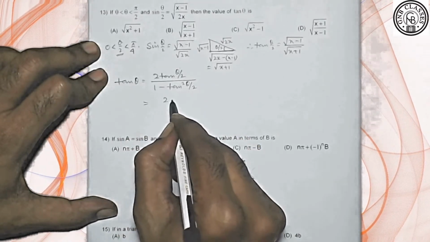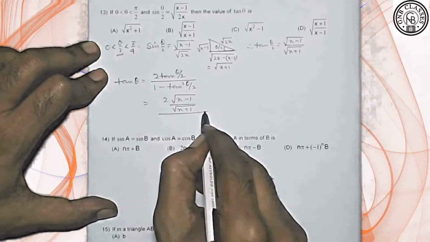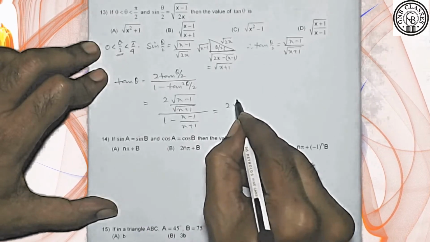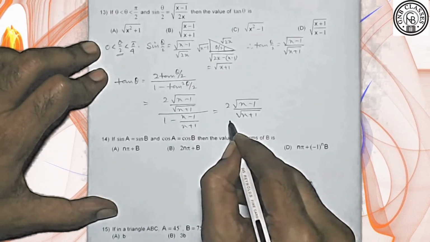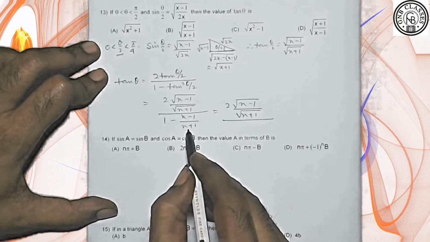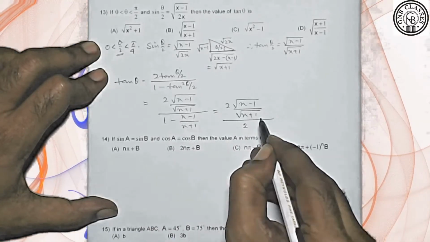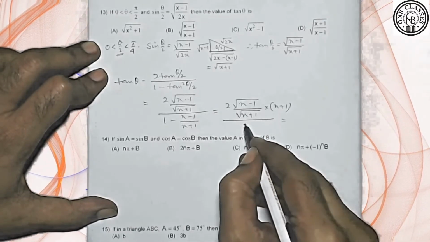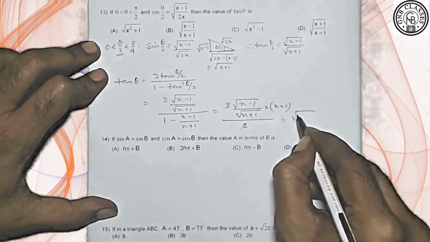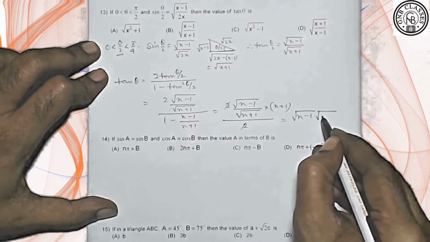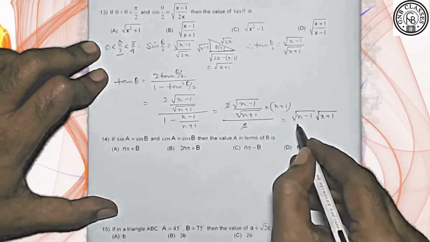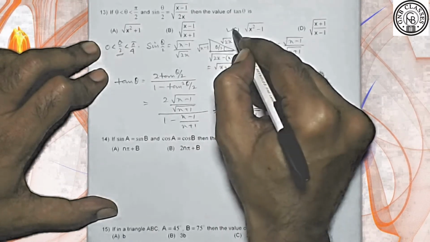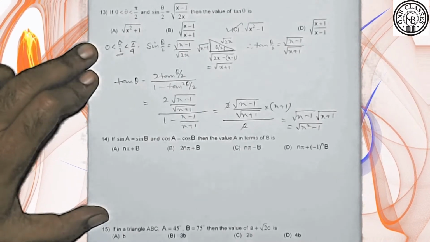That gives us, divided by 1 minus x minus 1 by x plus 1. And after simplification, in the denominator we are having 2 and x plus 1 will go in the numerator. Is it clear? So this 2 goes off. So x minus 1 into root over x plus 1. So that gives us under root x square minus 1. Hence option C is correct. Is it clear to all of you?